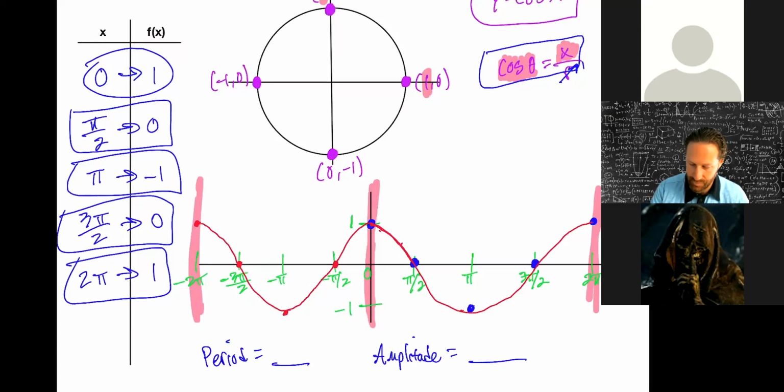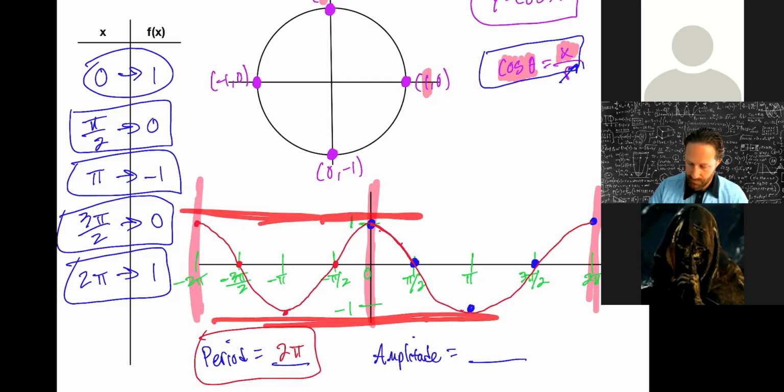Pi? Yeah, very good. 1 full circle, 0 to 2 pi. How about the amplitude? How high and low does it get? 1. From our x-axis, it goes up and down a highest and lowest of 1.